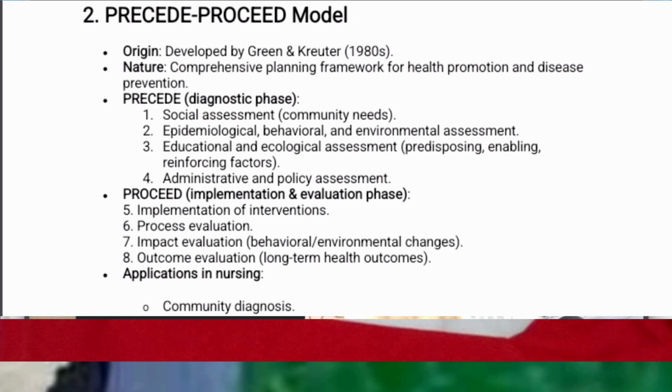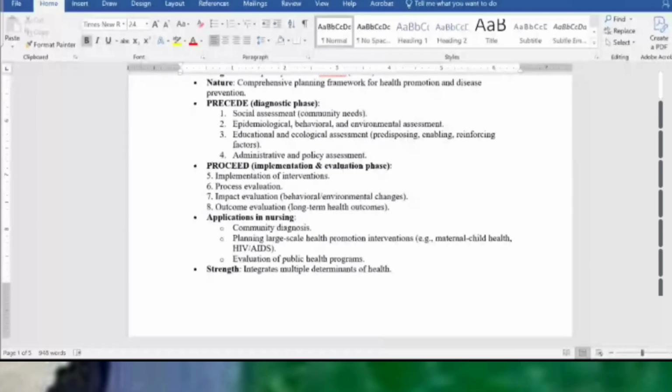I know at some point you'll be able to do it practically. There are phases of doing community diagnosis: we try to explore, then after exploring we have pre-planning, then we plan, and then we do the intervention. After the intervention, we do evaluation of what has been done by giving feedback to that particular community.